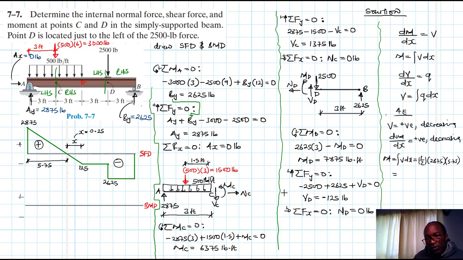This is just equal to 0.5 times 28.75 times the length, which is 5.75. So this gives us 82.65625. Okay, great.